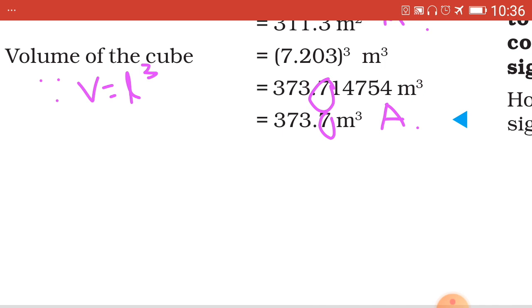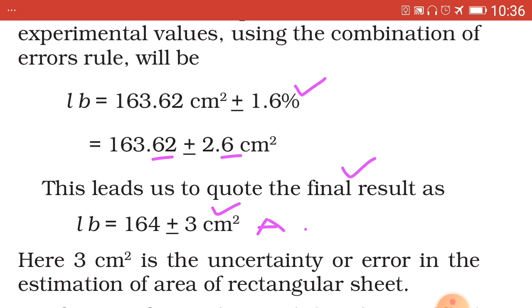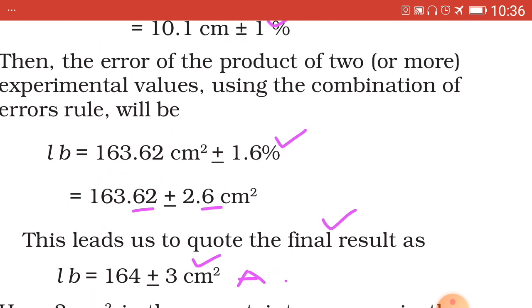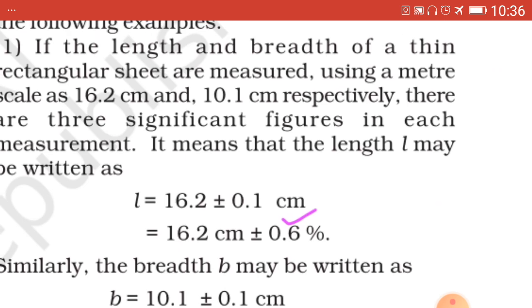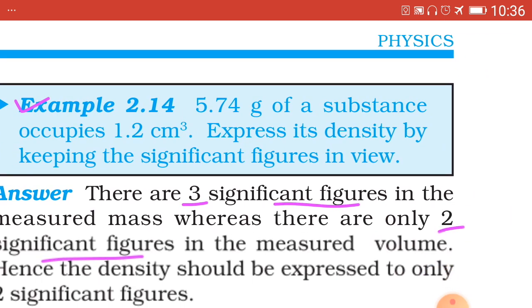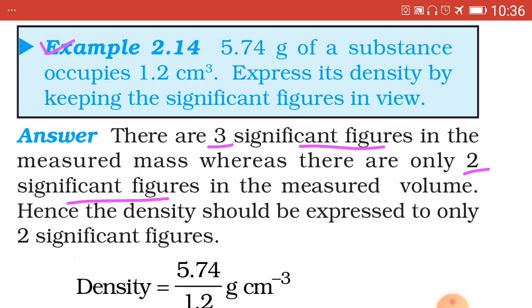Now next example. 5.74 gram of a substance occupies 1.2 centimeter cube.